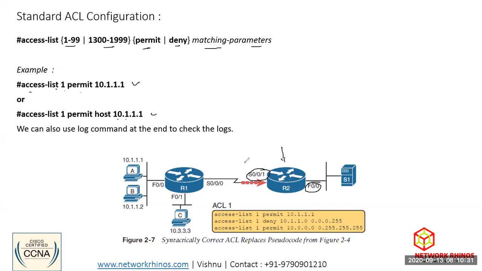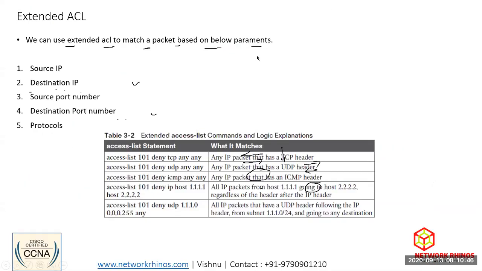I can apply it as an inbound ACL or an outbound ACL on this interface. Similar here also, outbound and inbound ACL. Now we'll do a lab on this, after which we'll talk about extended access control list. If you guys have any question, you can ask me now.